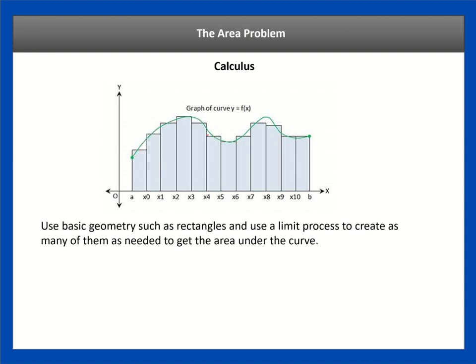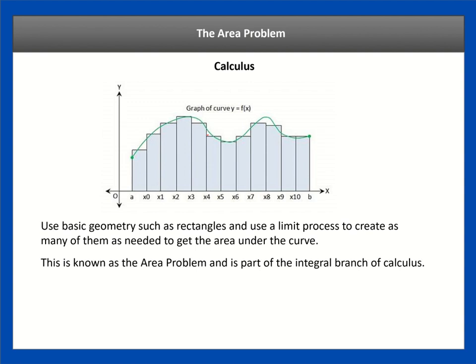But the idea is you can use a limit process to create as many rectangles as you need to get the exact area under the curve. So this is known as the area problem and is part of the integral branch of calculus. For example, if I wanted to make more rectangles here, I could make them smaller. And if I make them smaller, then guess what?